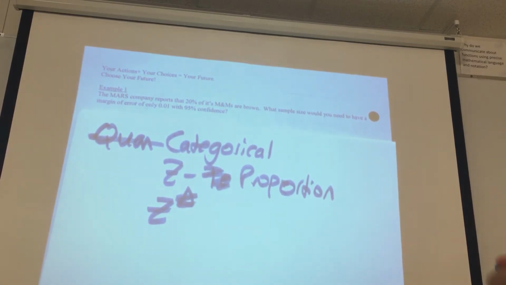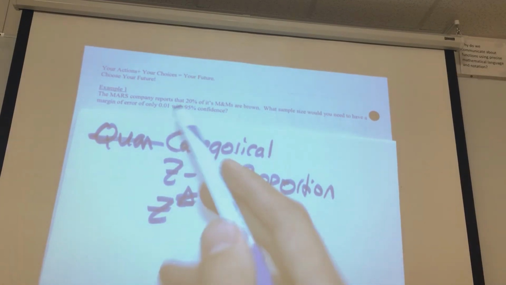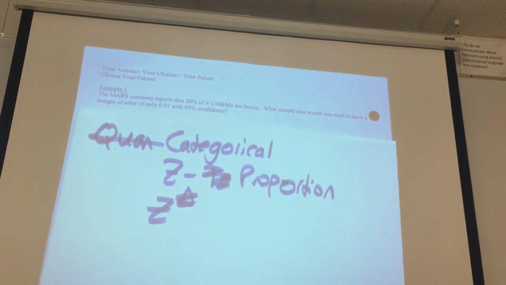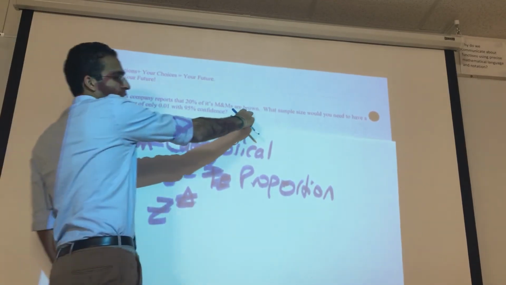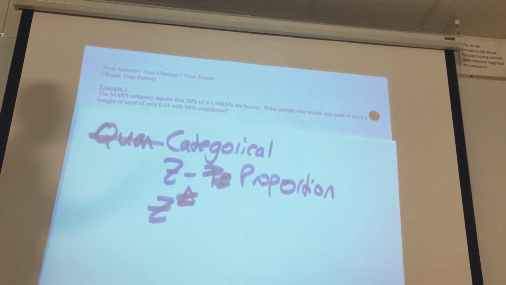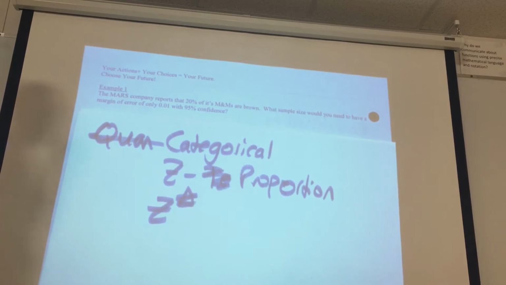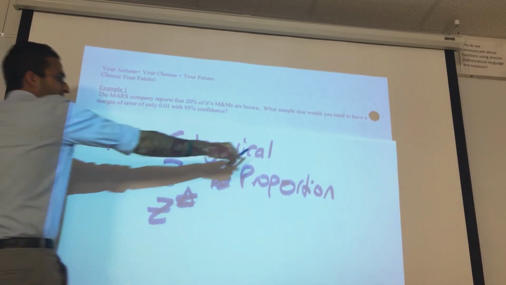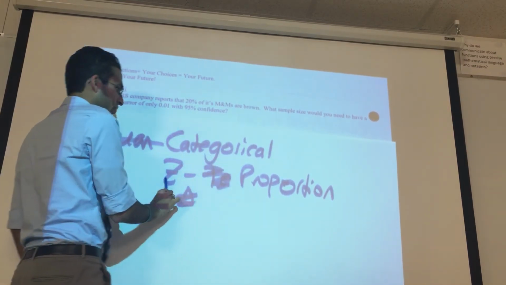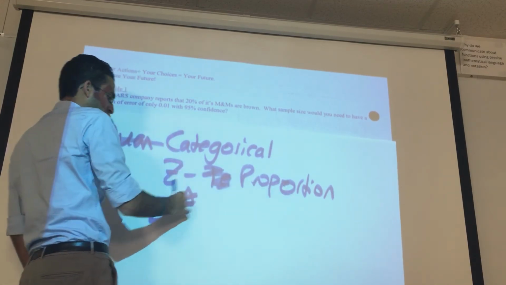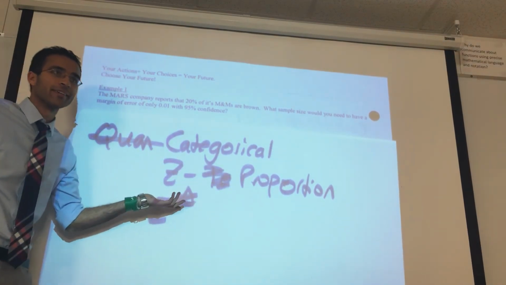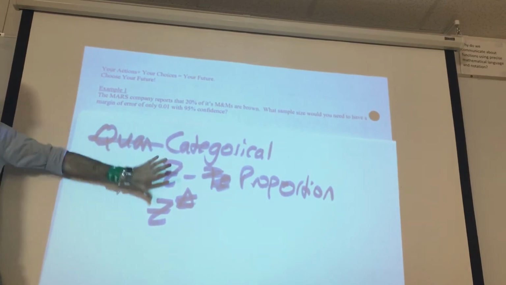If so, please ask me. Yeah, Dex? How do you get it? Okay, so I knew it was categorical because these are talking about colors, and colors are a category. They're not like numbers, 1, 2, 3, 4, 5. And anytime we have categorical, we use a Z proportion test, and anytime we use Z, we use a Z star instead of T.